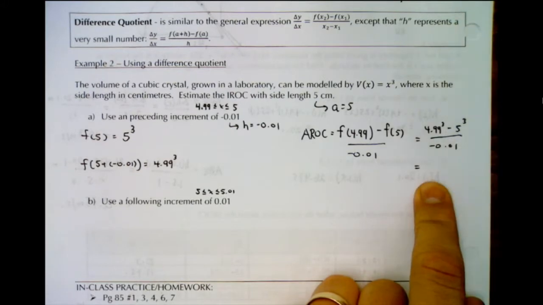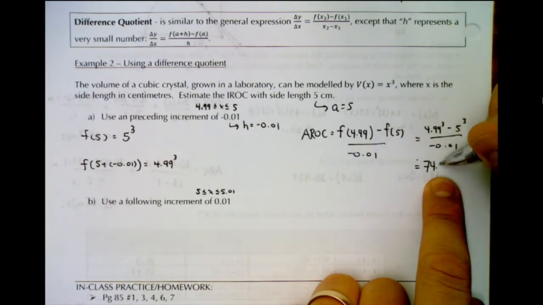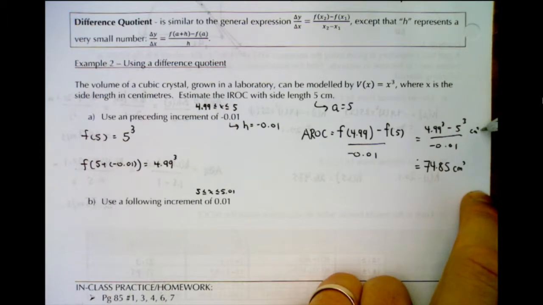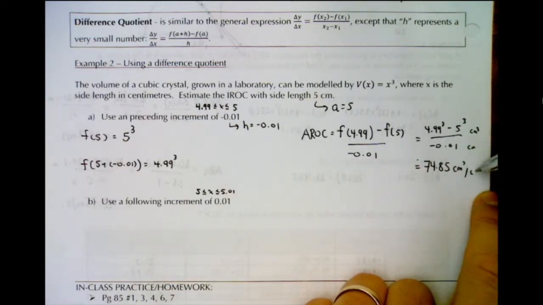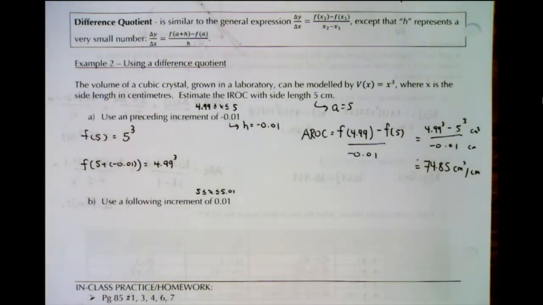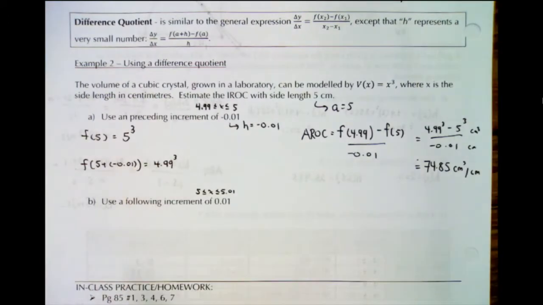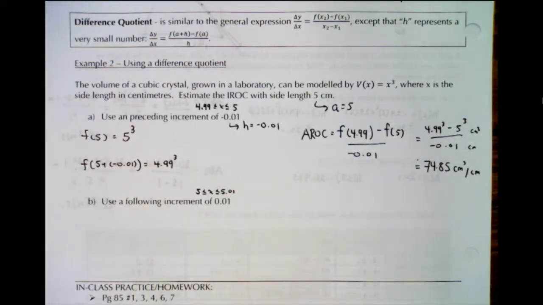And if we punch that into our calculator, we get approximately 74.85 centimeters cubed volume, because that's what the top is, centimeters cubed, and the side length h is in centimeters, so it's centimeters cubed per centimeter. That's the rate with which our cubic crystal is growing from the left side, or just before 5.